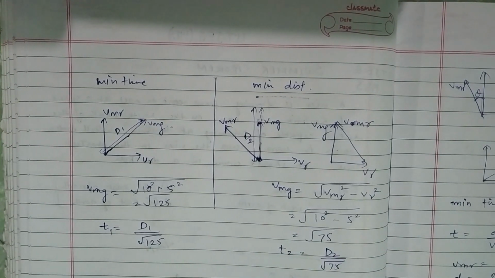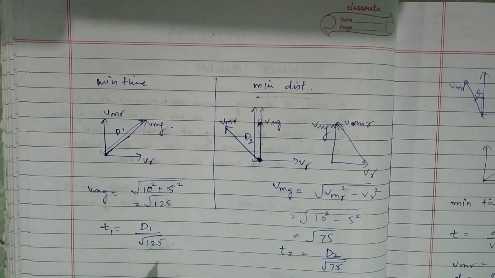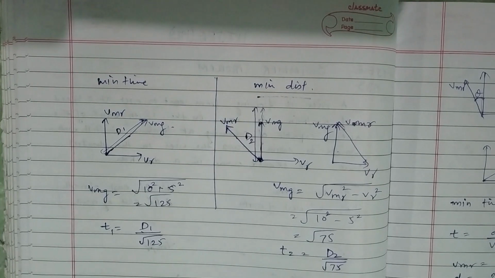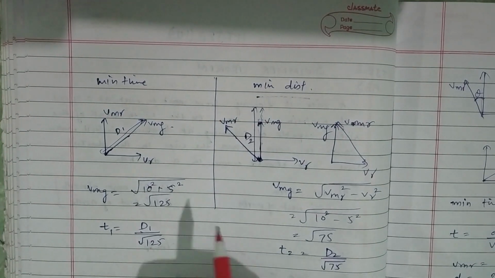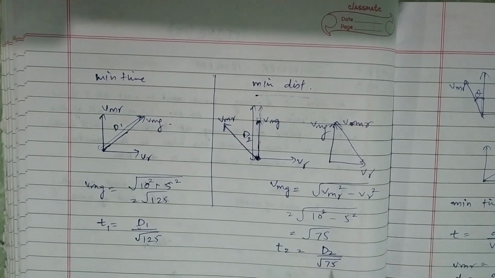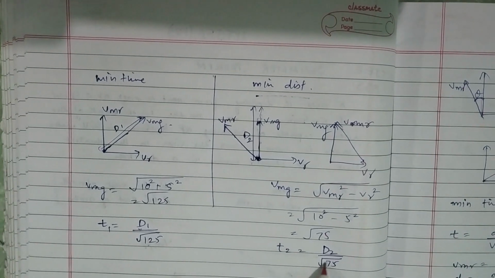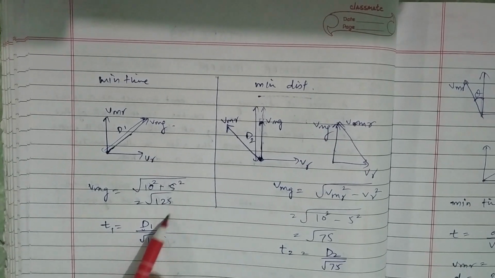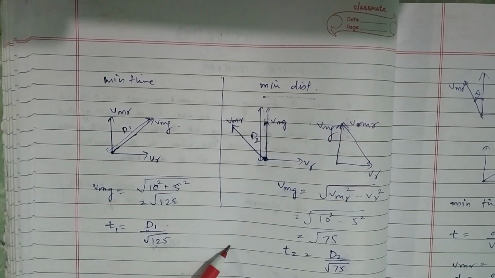Now we cannot exactly compare if I don't find d1 and d2 also, because this d1 is greater than d2, but wait, 125 is also greater than 75. So we cannot exactly compare T1 and T2, since if the numerator is increasing, the denominator is also increasing.